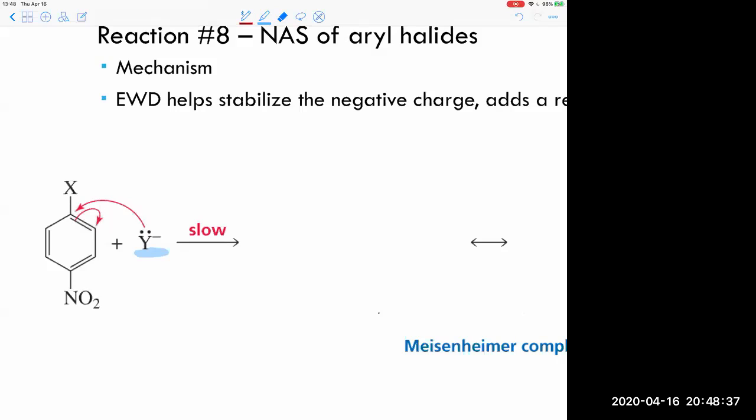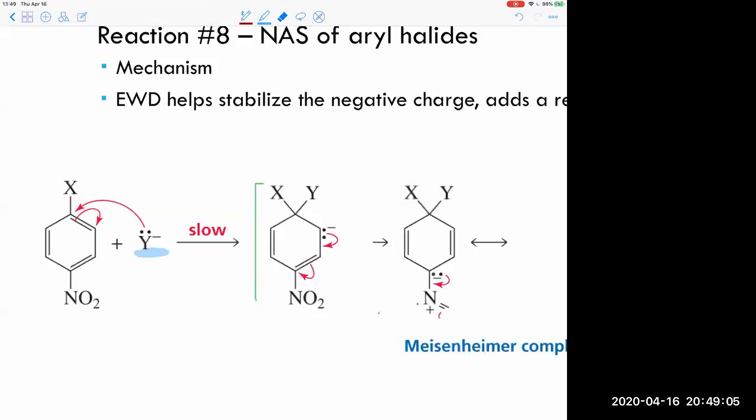So the first step is that you have your nucleophile attacking that carbon that contains your leaving group. And now benzene is going to do its thing where it's going to distribute that charge around the ring, right? So that charge will first be isolated on one of those carbons, but again, this is all in resonance with one another, so we can bounce that around our ring.